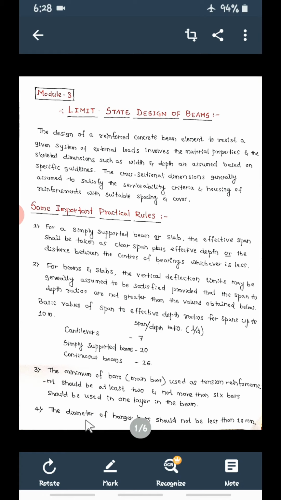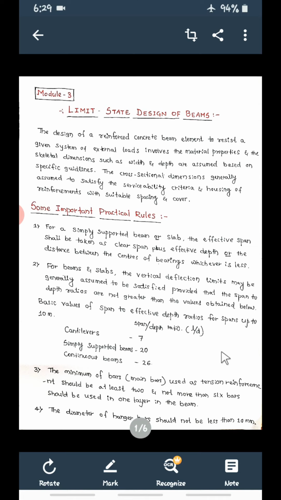The diameter of hanger bars or anchor bars should not be less than 10 mm. So whenever you are providing the top 2 bars, the diameter of these top 2 bars should not be less than 10 mm. You can provide 10 mm diameter bar or 12 mm diameter bar. So it should not be less than 10 mm.